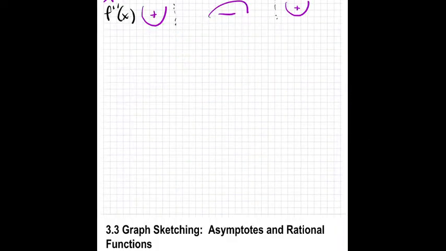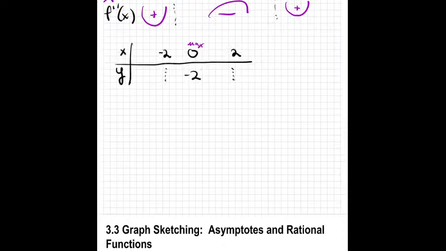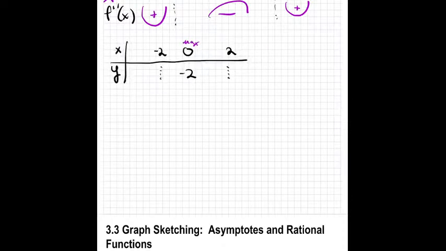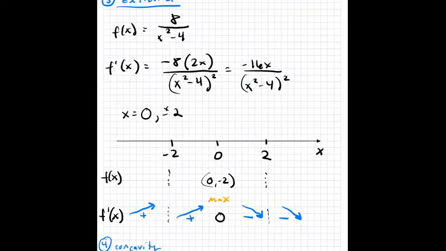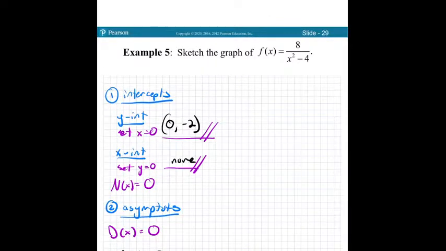So then we just want to choose a few points between and beyond these points that we found. So we can do something like when x is -3, when x is -1, 1, and 3, right? Into the original. So when x is -3 into the original, 9 minus 4 is 5, so we get 8 over 5.